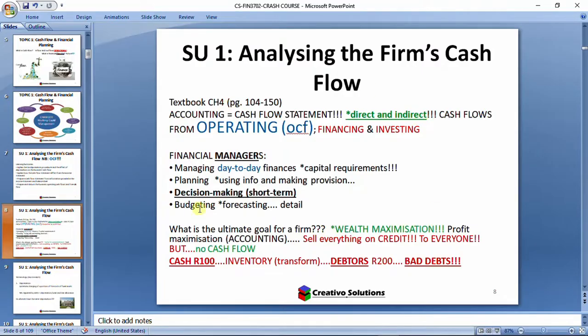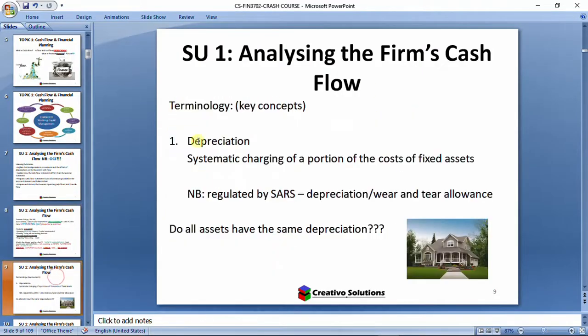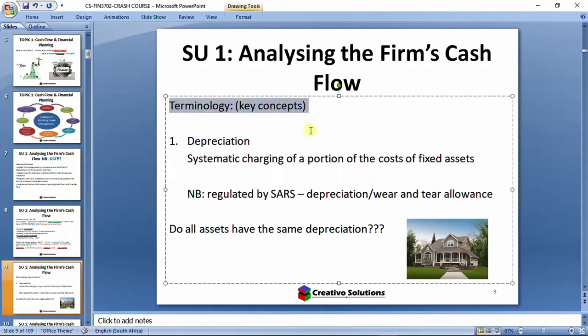Again, just an overview. Now we can jump into a little bit of the more practical concepts. The first concept that you need to know is depreciation. You should know depreciation from accounting. Why? It's an expense. Depreciation is an expense from an accounting point of view.